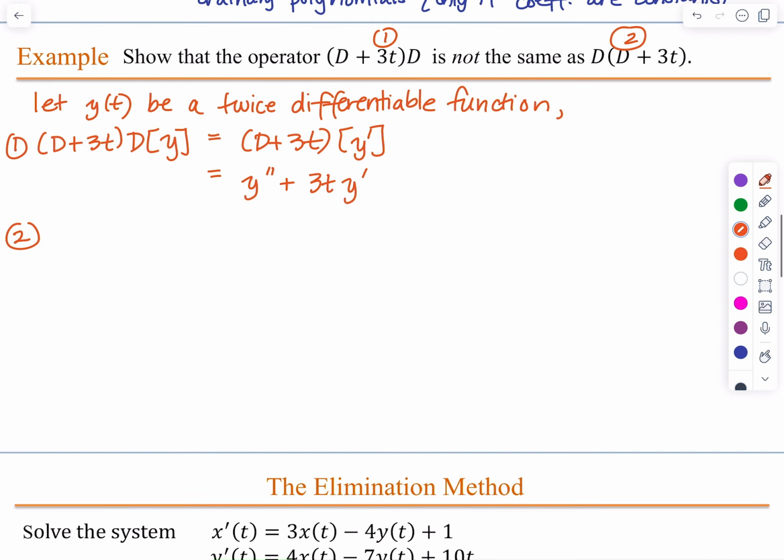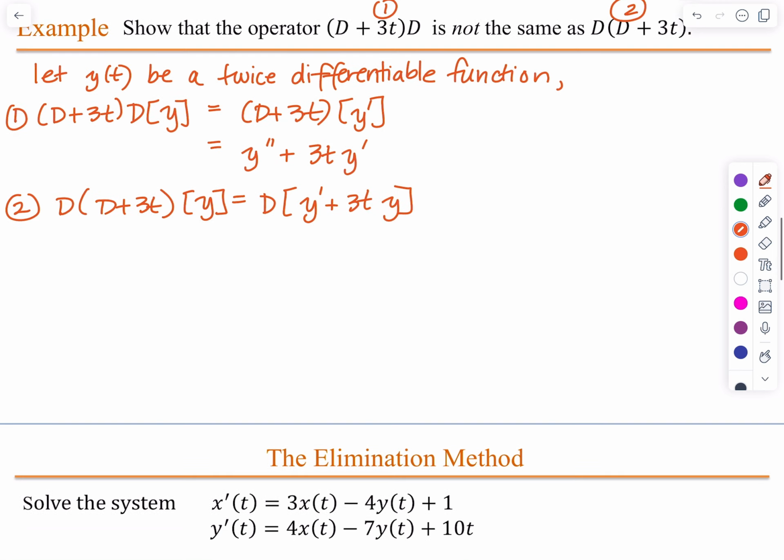So we have D multiplied by D plus 3t of y is equal to D of y prime plus 3t y. And this is going to be y double prime plus 3y plus 3t y prime.